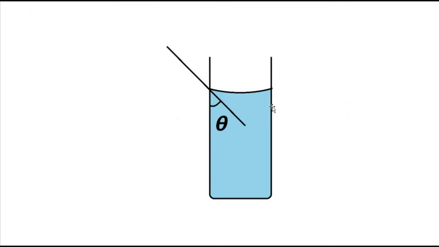It is because of higher adhesive force between the liquid and the solid container, leading to a rise of the liquid level at the ends and lesser cohesive force between the liquid molecules, causing a depression in the middle, leading to a concave meniscus or a curved shape which is bent downwards. This is acute angle of contact.